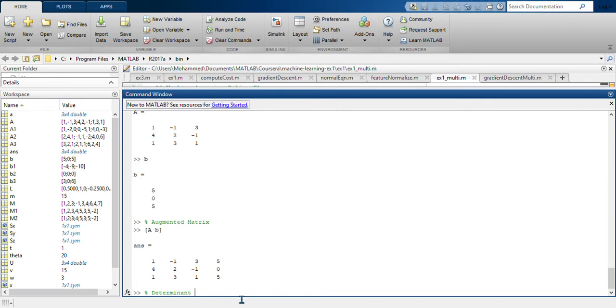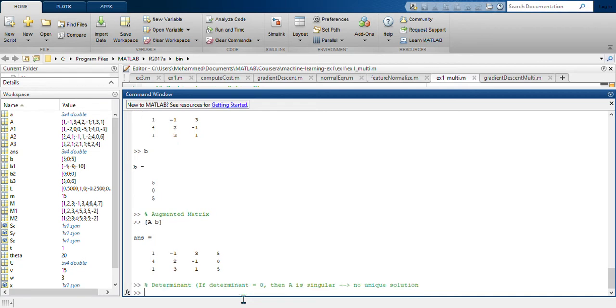If the determinant equals 0, then the coefficient matrix A is singular, and in that case, if A is singular, that means no unique solution. Right, we have said this.